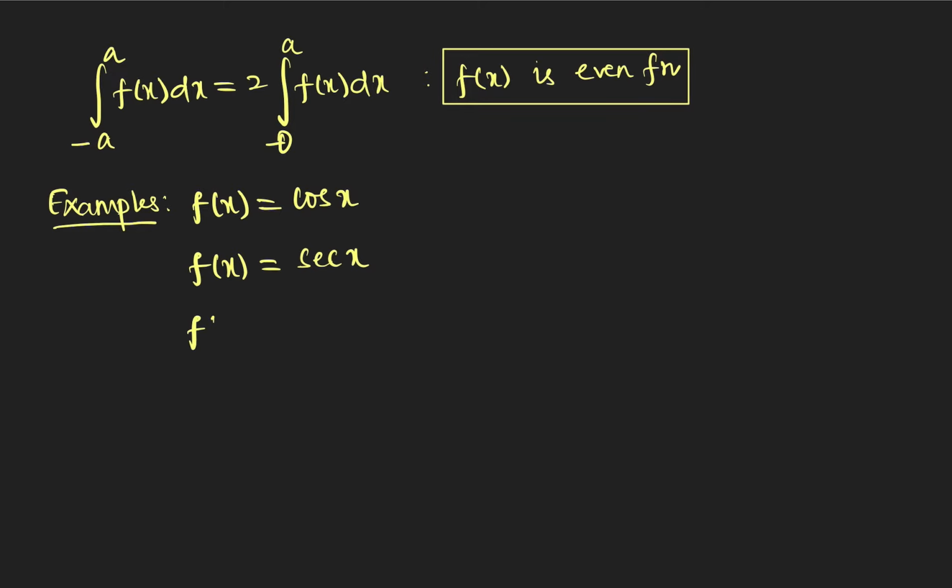If we consider the function f of x is equal to x power 4, or x power n, for even values of n, the function x power n is even. So this is about the even function.